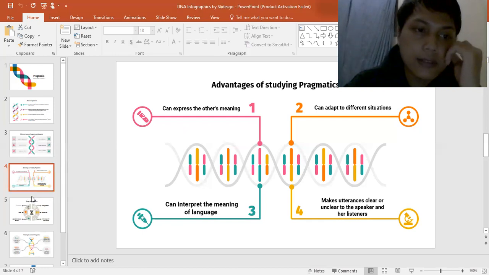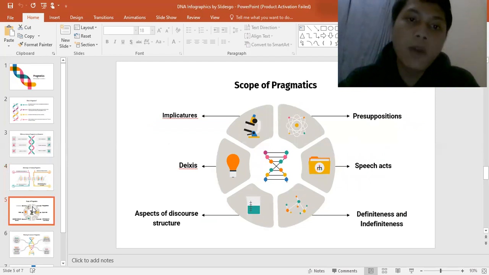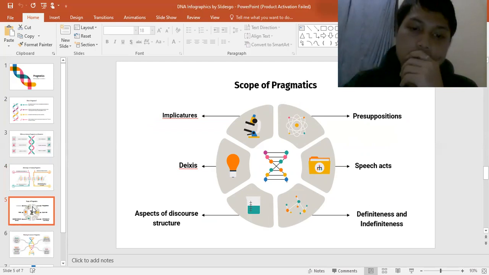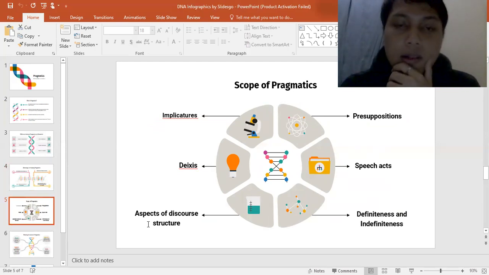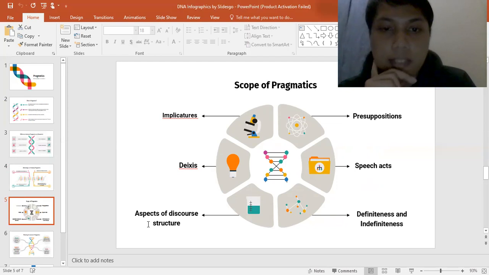Next slide. Scope of pragmatics. Number one is implicatures. Number two, presuppositions, and then speech acts, aspects of discourse structure, and the last one, definites and indefinites. The explanation is there are several fields that are studied within the scope of pragmatics in linguistics, including one, deixis.